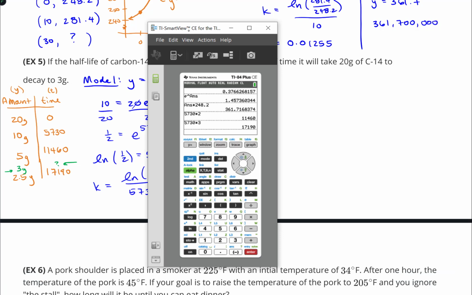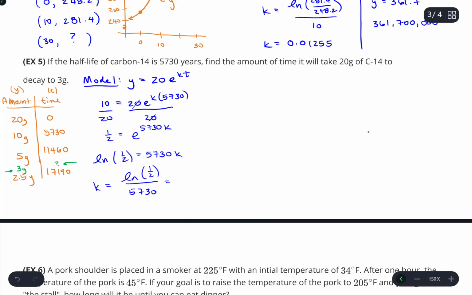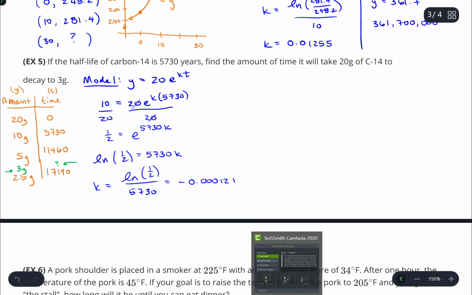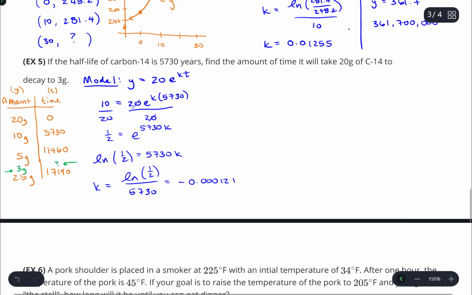And when I do that in the calculator, so natural log of 0.5 divided by 5,730, I get this, which is just scientific notation, of course. So let's see, 3 leading zeros, so negative 0.000121. Did I round that properly? Yeah, that's fine, 121.